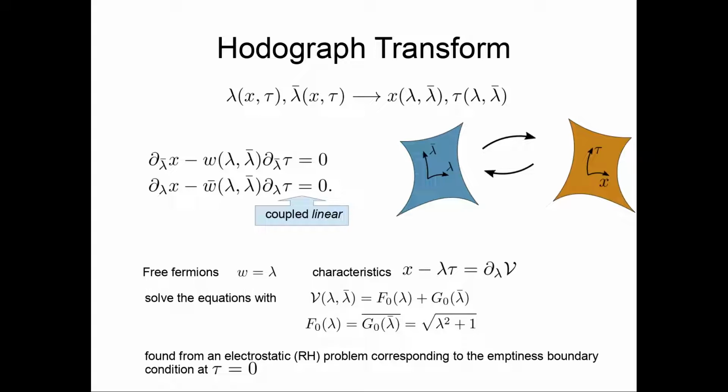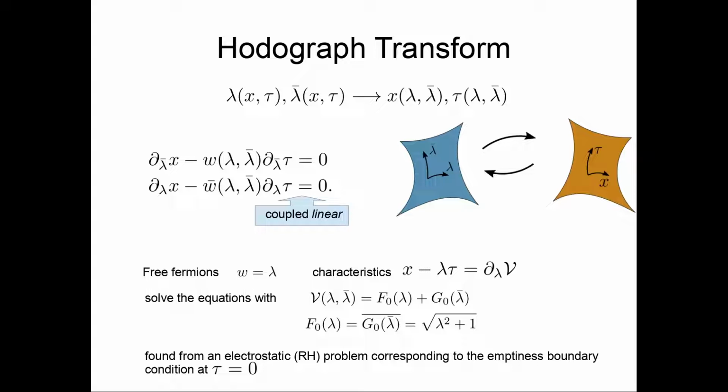For fermions, not. So for fermions, essentially, this is the equation for the characteristic, which can be written like that. And the only problem here would be to find the appropriate initial conditions expressed as a derivative of some potential. This potential can be shown, by solving an electrostatic problem, to be the sum of a holomorphic and an anti-holomorphic function.